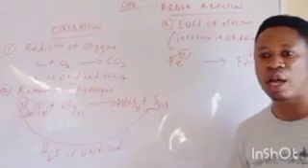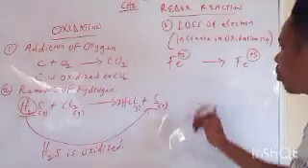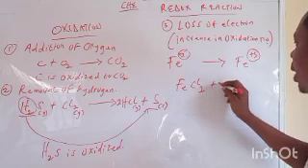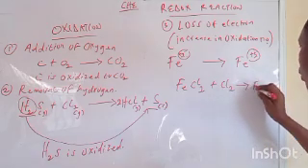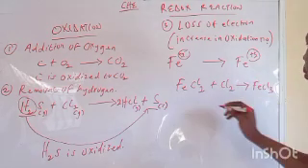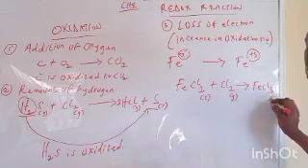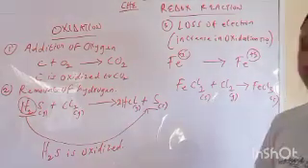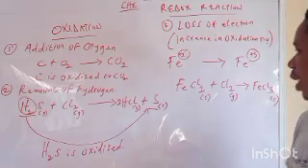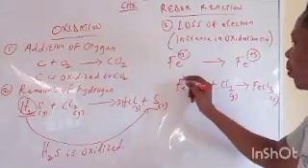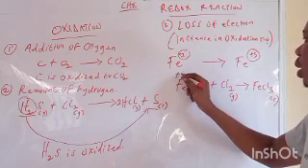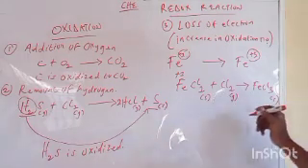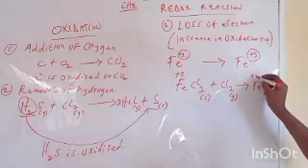Now let me give you a reaction to explain that. Iron 2 chloride reacting with chlorine to produce iron 3 chloride. Now look at this. Iron 2 chloride in this situation is said to undergo oxidation because the oxidation number of iron in this compound, in this reaction, is plus 2. But at the product side, the oxidation number became plus 3.